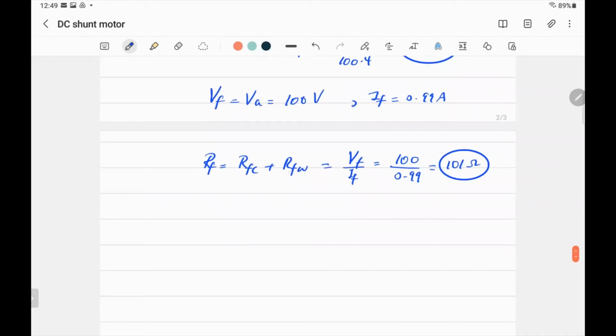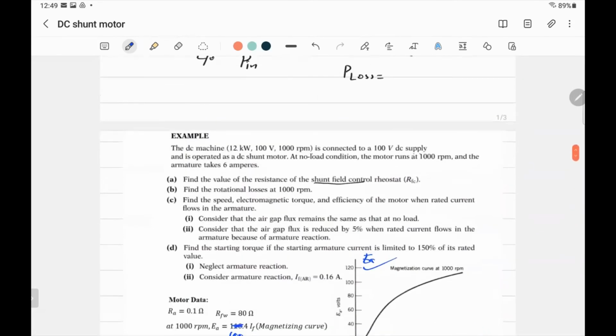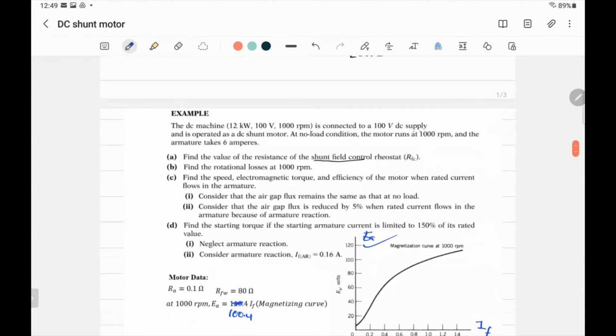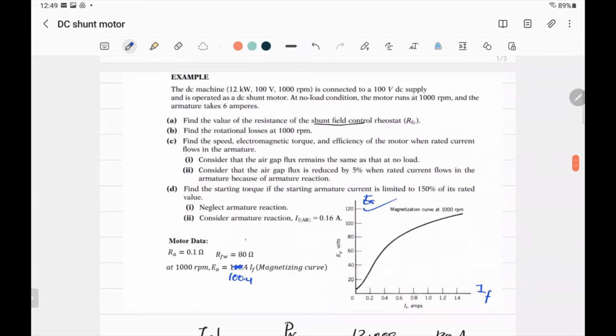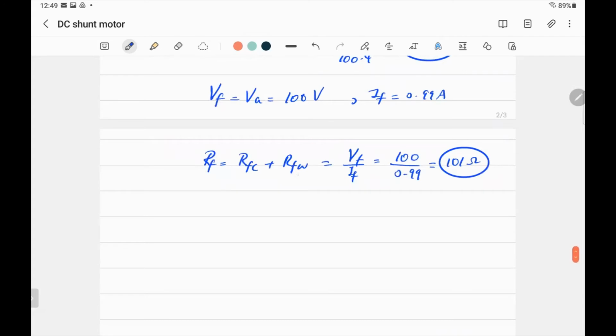I know the field winding is given, and usually it's given for the machine because I add the resistor externally. So RF was given, here's the data, as 80 ohm. So the winding is equal to 80 ohm. To get RF control, the one you connect in series with it, that will be equal to 101 ohm minus the field winding, which is 80 ohm, and you get 21 ohm.